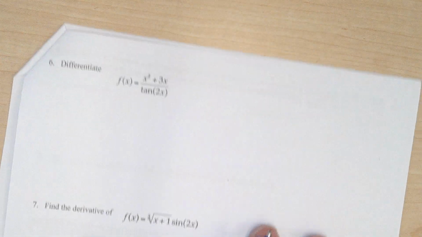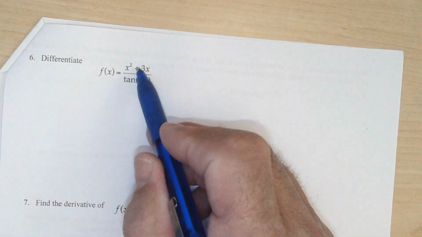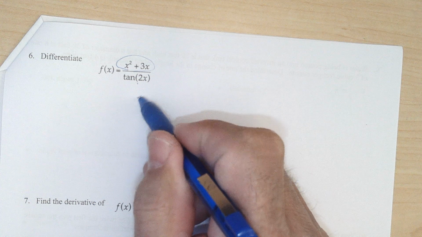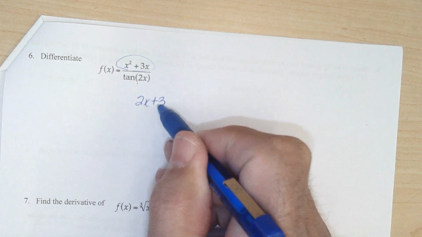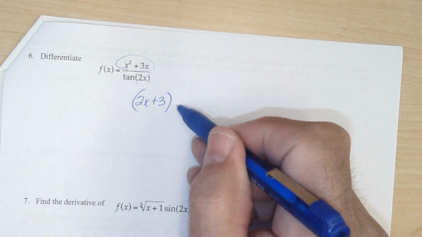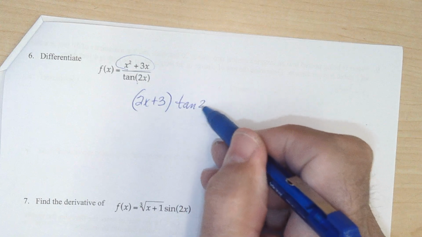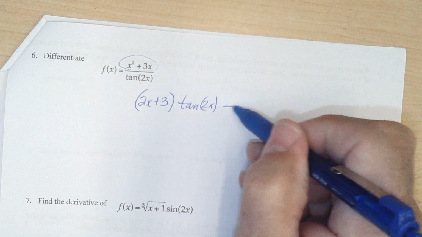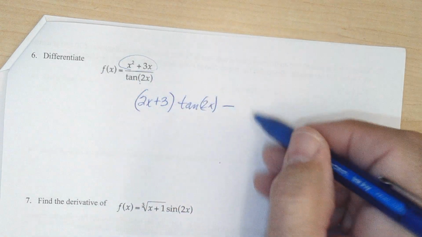Number 6, differentiate. Well, this is a quotient. So I've got to take the derivative of the numerator, which is 2x plus 3, times the denominator, minus the derivative of the denominator.